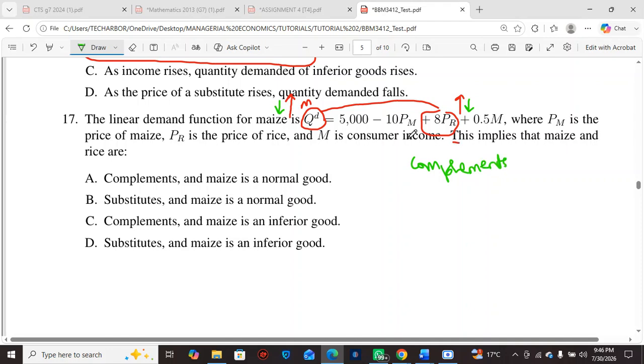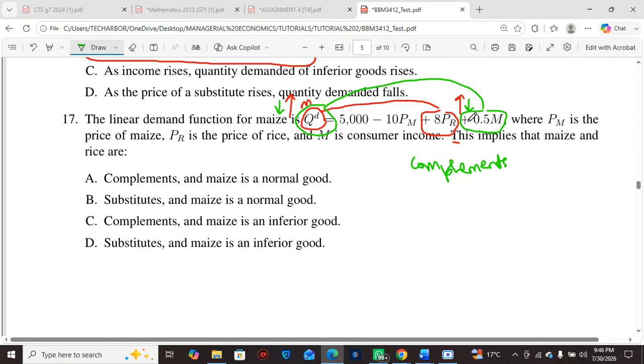Okay, they're already complementary goods because of this positive sign. Then to see if it's a normal or inferior good, we look at the relationship between quantity demanded and income here.